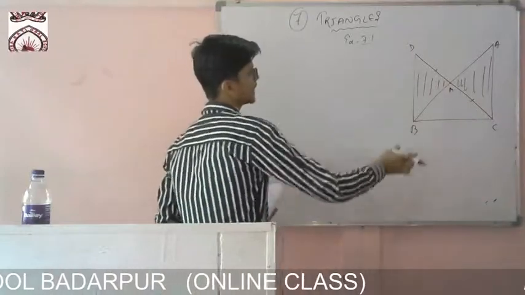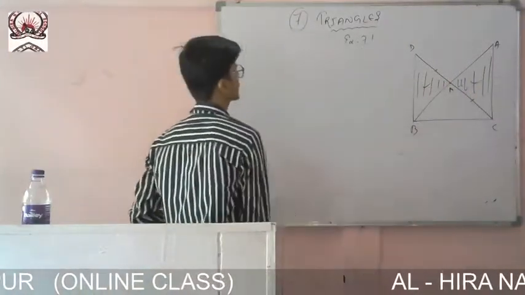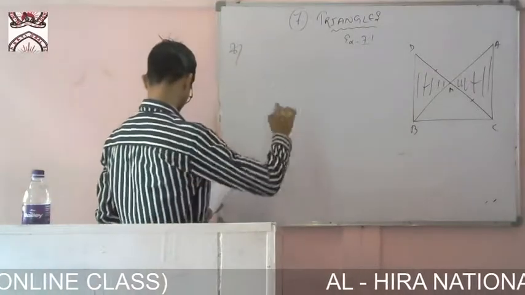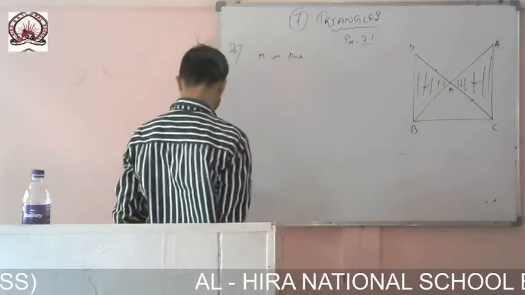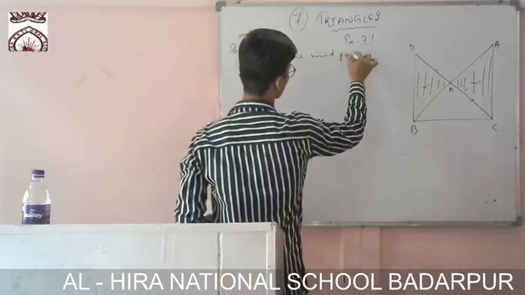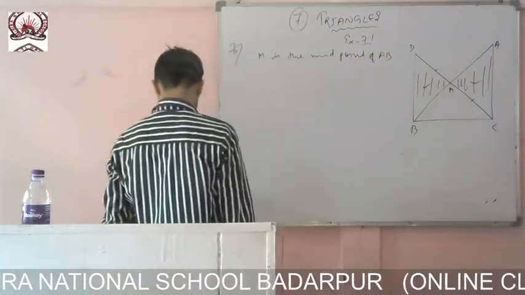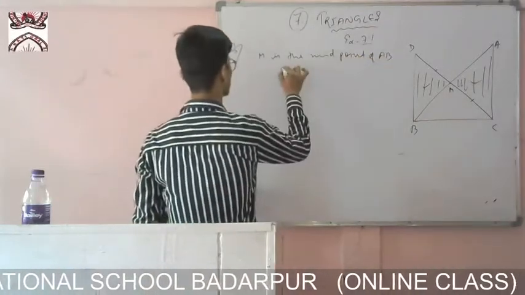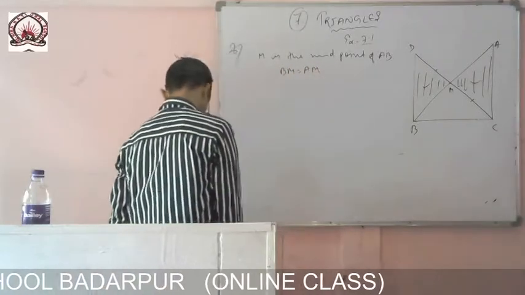I have to prove that this triangle is congruent to this triangle. Okay, so let me start. Since M is the midpoint of AB, BM will be equal to AM.